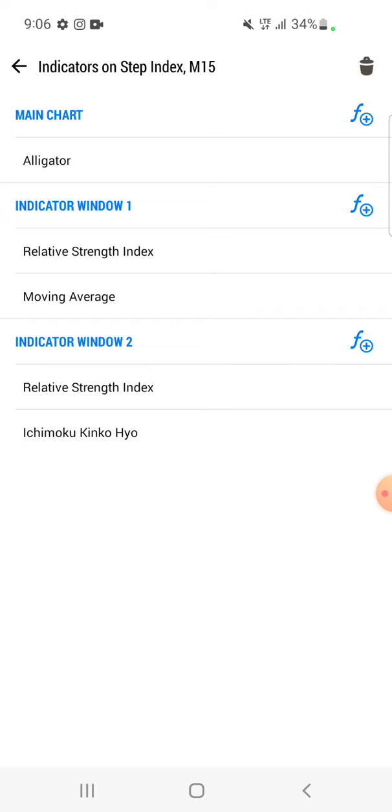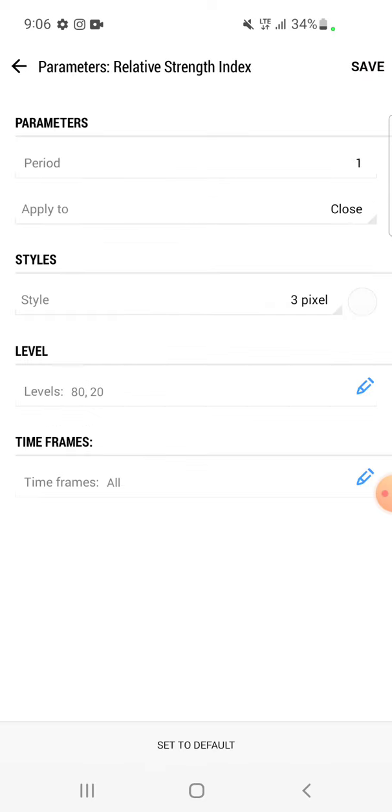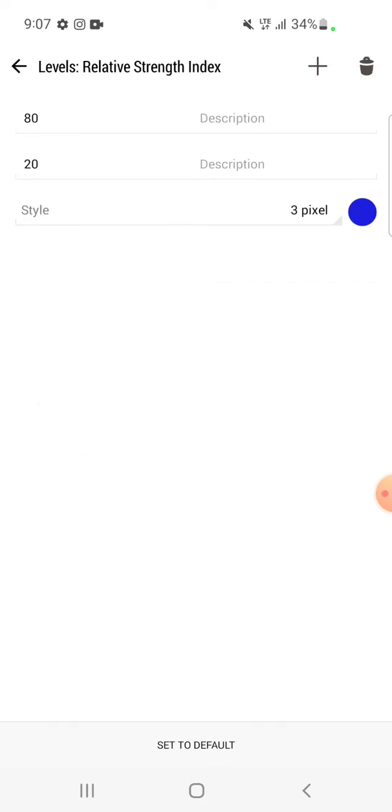So you look for relative strength index, RSI, and give it period 12. Then for the styling, you give it 3 pixels, but on white background too, just like I explained earlier. If your phone is on black background, please give it color black. Then for the levels, give it level 80 and level 20. Use any color of your choice for the styling and give it 3 pixels.